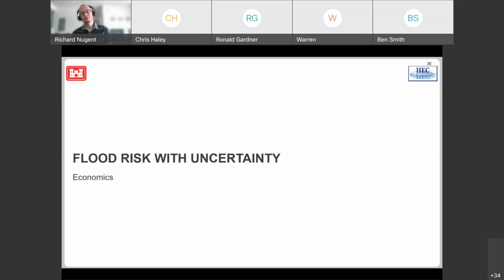If the difference there is economic development that has occurred downstream of the dam since construction, HEC-FDA can readily capture that in the assessment of risk, right? So we can use HEC-FDA to differentiate the risk where you have higher economic development downstream of a dam.